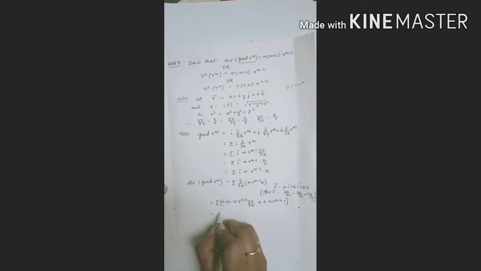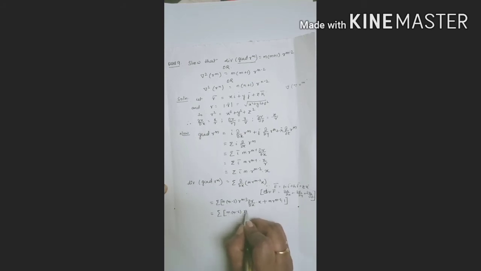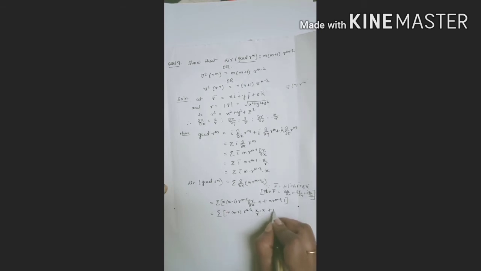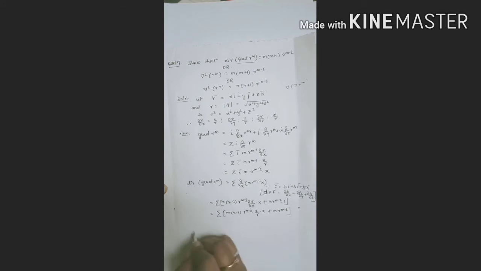So let's see what we get. Summation, m minus 2 as it is, this becomes r to the power m minus 3 into, this is nothing but x by r, into x, plus m r to the power m minus 2. This becomes r to the power m minus 4 x square.